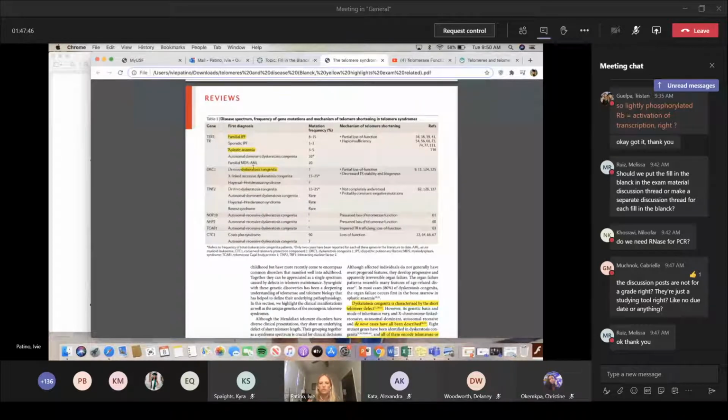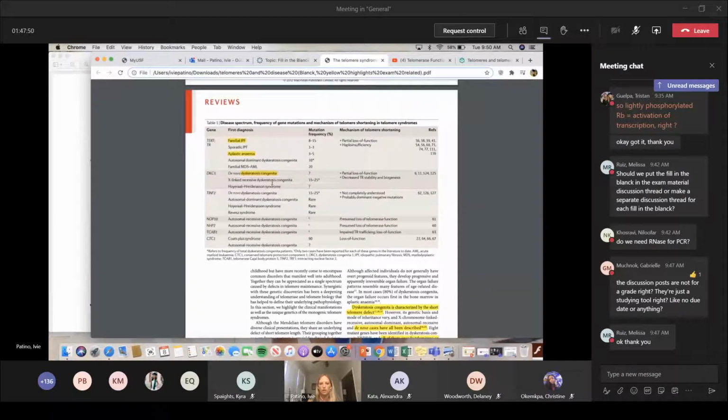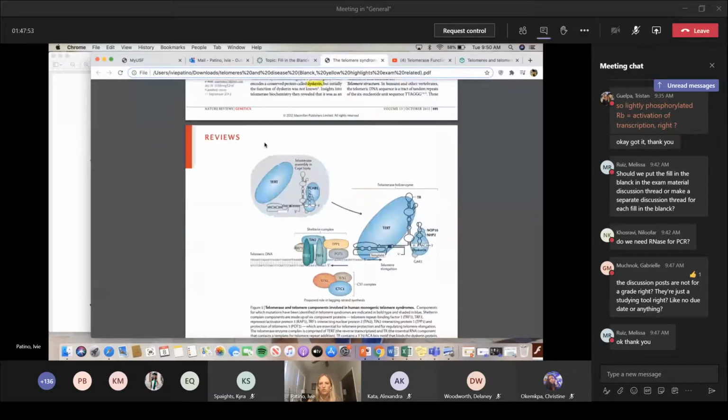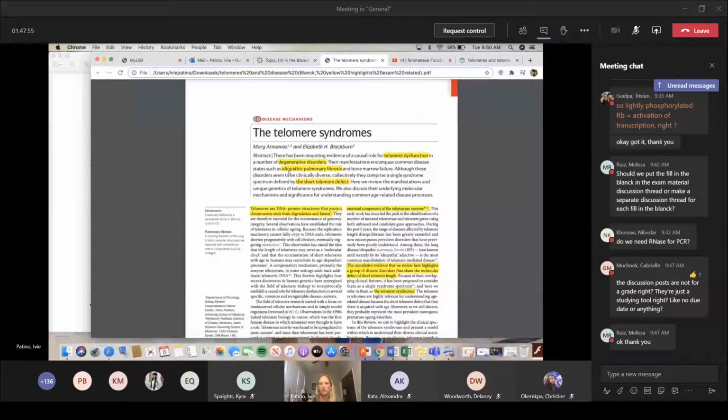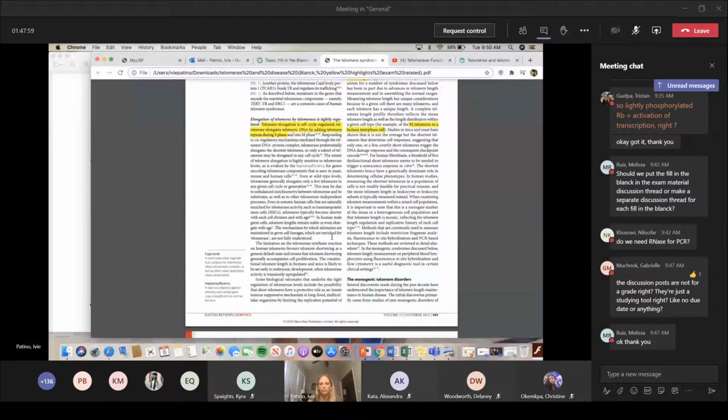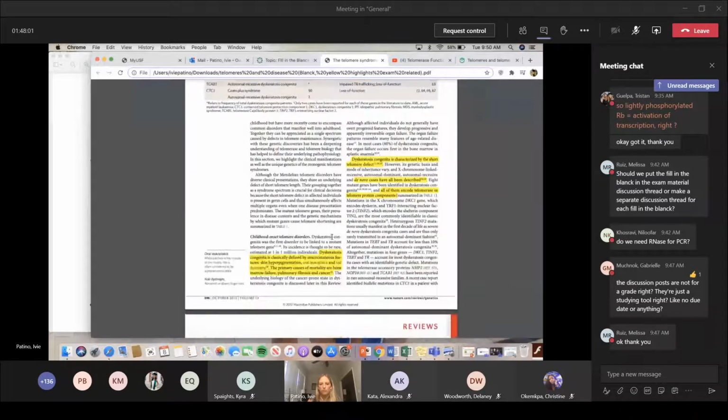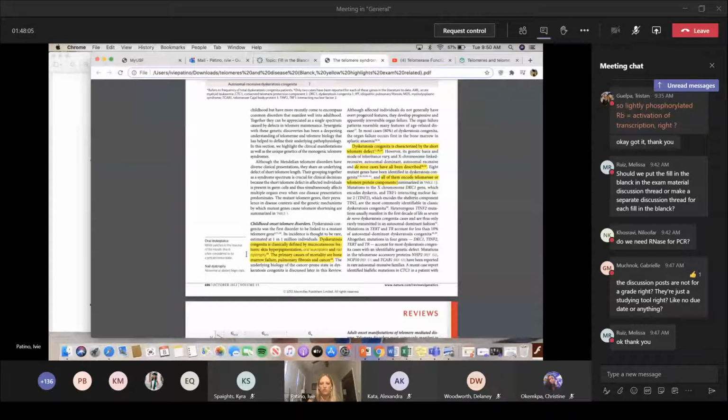So here are some of the diseases. Familial IPF is just this idiopathic pulmonary fibrosis. And then we talk about dyskeratosis congenita. It's classically defined as mucocutaneous features like skin hyperpigmentation, oral leukoplakia, and nail dystrophy.